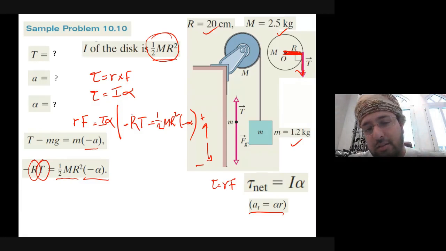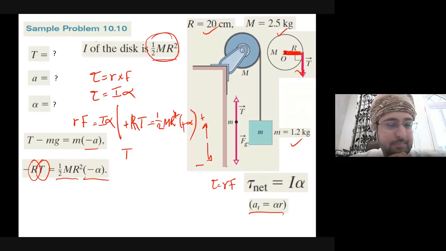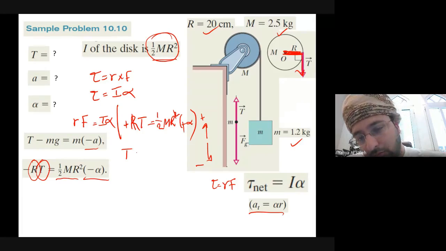Now R cancels with R. So we end up with T, and minus cancels with minus. So T equals half MR alpha.